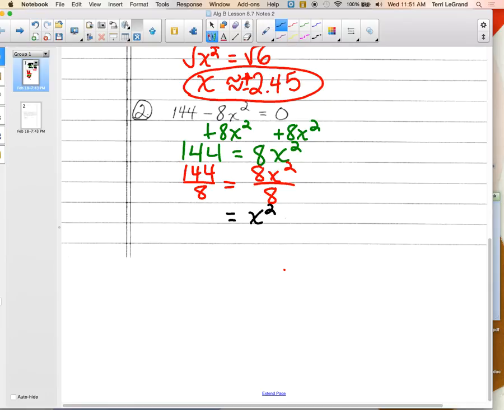I don't think it's negative. Did you put 144 divided by 8? Okay, is 18 a perfect square? No. We're going to be rounding, aren't we? We're going to be estimating. So we're going to take the square root of both sides like we know we have to.